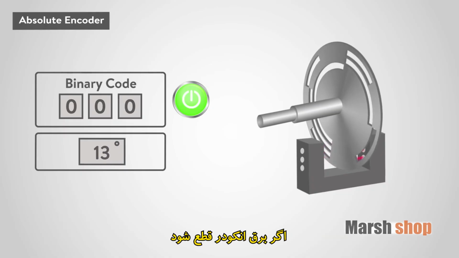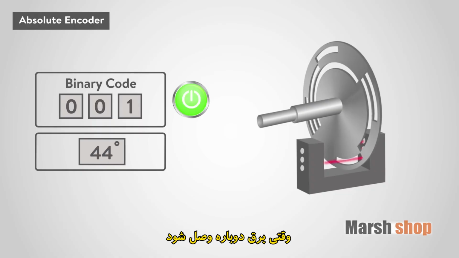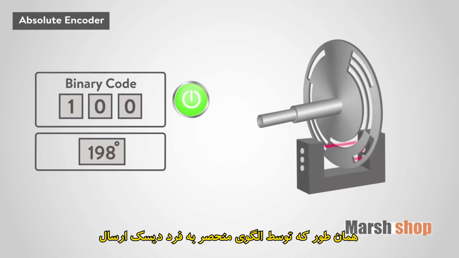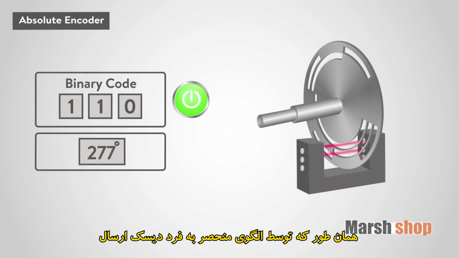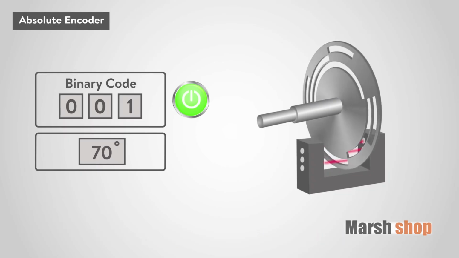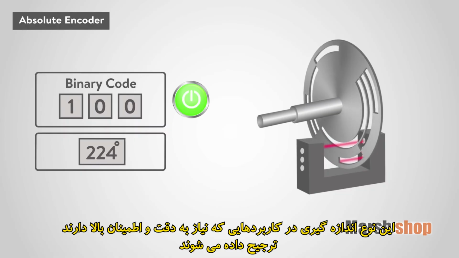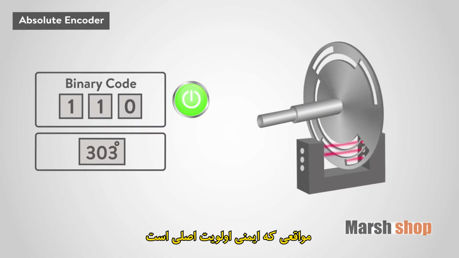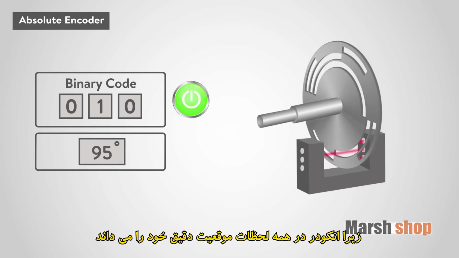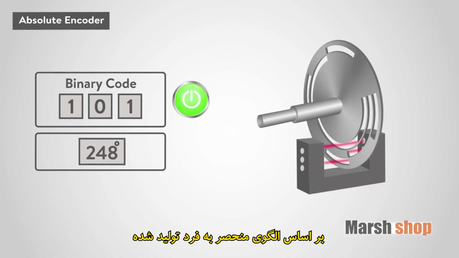If the power to the encoder was lost and the shaft was rotated, when power is resumed, the encoder will record the absolute position as demonstrated by the unique pattern transmitted by the disc and received by the pickup. This type of measurement is preferred in applications requiring a great degree of certainty, such as when safety is a primary concern, because the encoder knows, at all times, its definitive position based on the unique pattern produced.